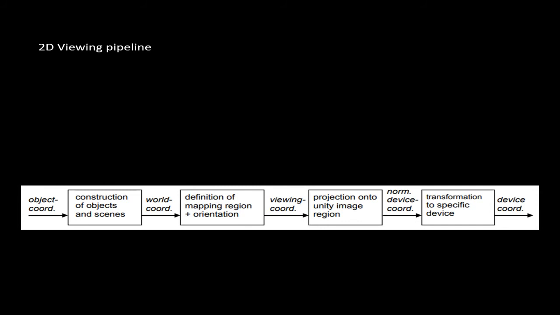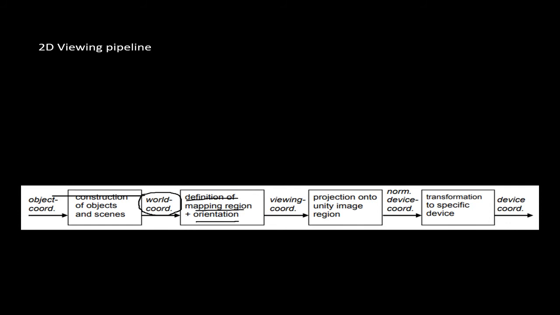First of all, we have to look at the object coordinate. Construction of objects and scenes will happen. Then we have to look from the world coordinate perspective. After that, definition of mapping region plus orientation, where some kind of mapping transformation that we discussed in our previous lectures is going to come into play.